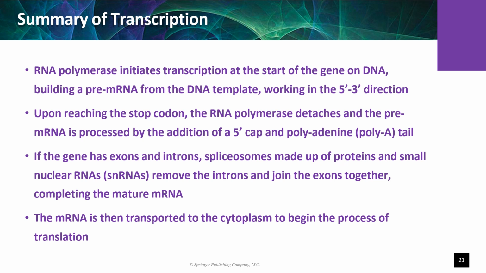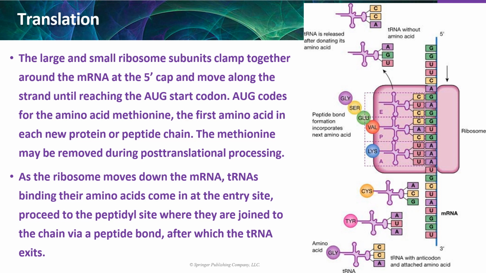After the transcription phase, the messenger RNA is then transported to the cytoplasm. Then it can begin the process of translation. In translation, this is the mechanism where the nucleotides in the messenger RNA are interpreted and produce a chain of amino acids.